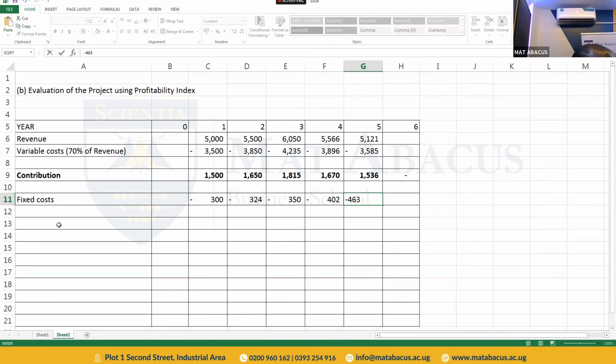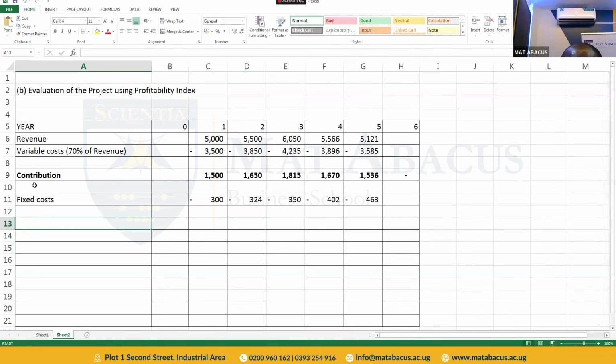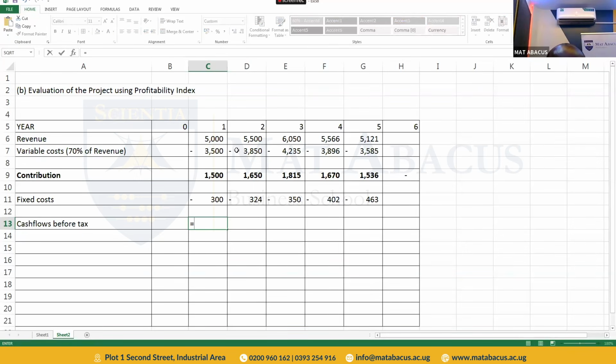We did not have another thing. Then we can get cash flows before tax. I will get my contribution and take off the fixed costs.